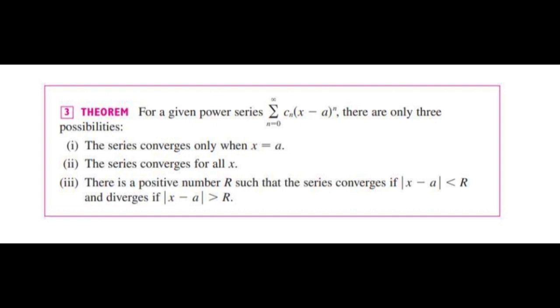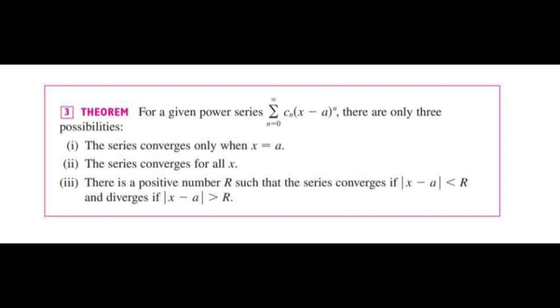And lastly, there is a positive number r such that the series converges if the absolute value of x minus a is less than r and diverges if the absolute value of x minus a is greater than r. Those are the theorems to be considered in our lesson today.